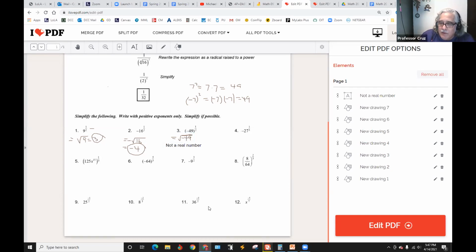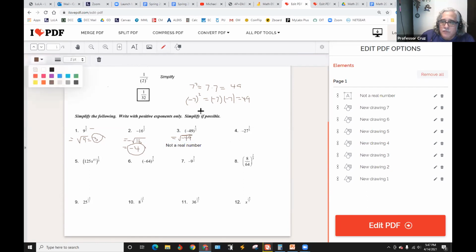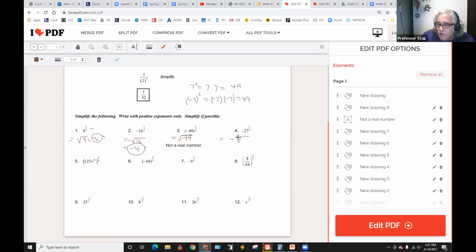Now, this 27 is the base. The negative is not inside, so we're just going to write it as -3, and that's going to be -3.